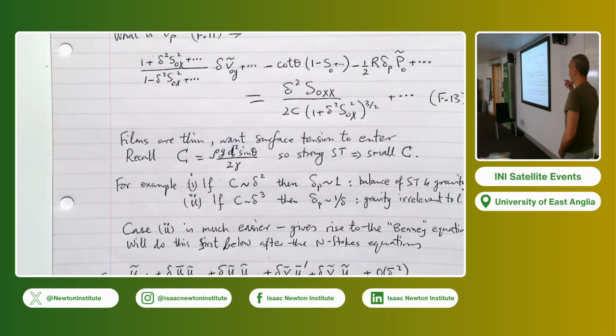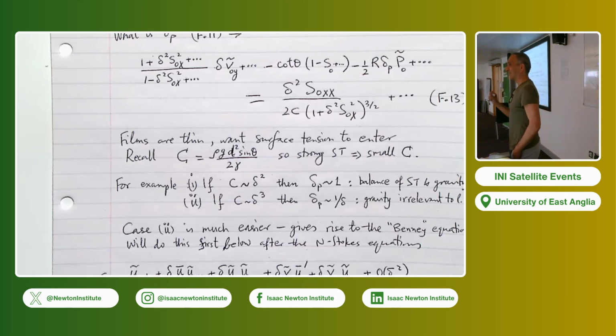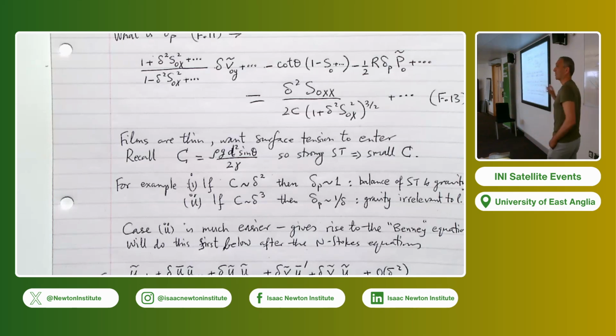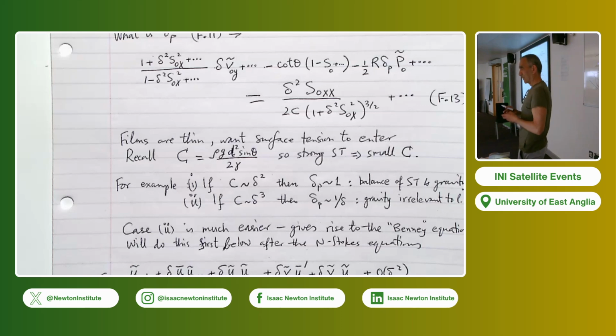So by assuming S is S0 plus delta S1, where this is order 1, I'm assuming that it's as big as the undisturbed thickness, and it can actually touch if it wants. But if you assumed it was smaller, you could still find a physical effect. You could see something different. You will see things with much weaker nonlinearity.